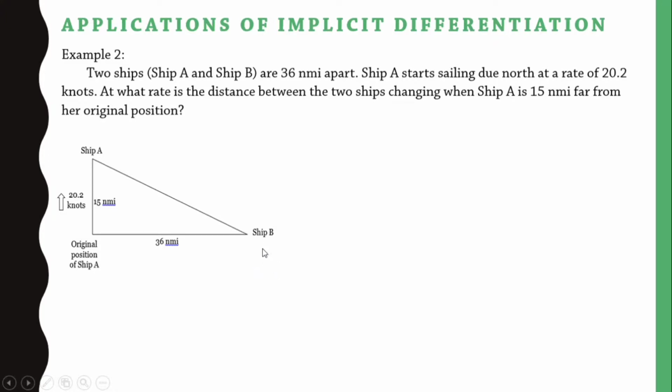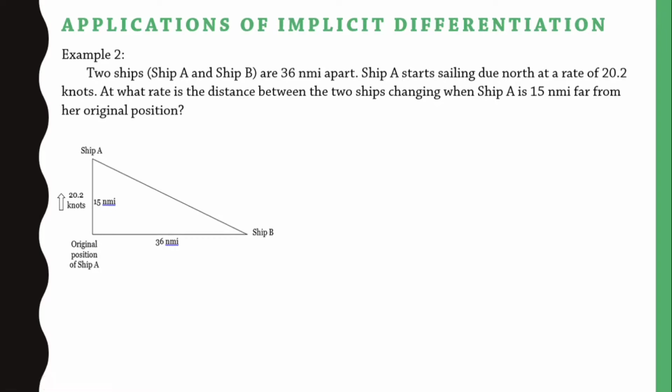Okay, so Ship A starts sailing due north. So Ship A goes north at 20.2 knots and is now 15 nautical miles apart from her original position.